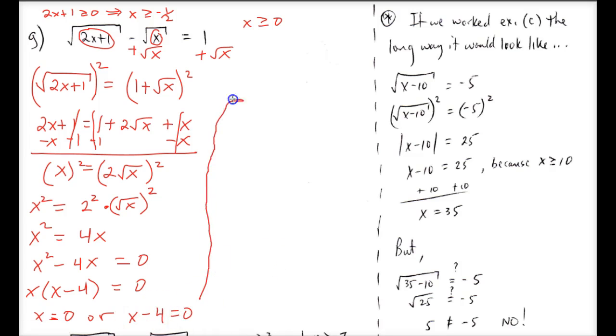So that either means that x is equal to 0 or x is equal to 4 if we add 4 to both sides there.